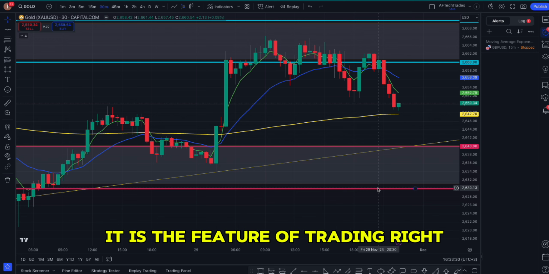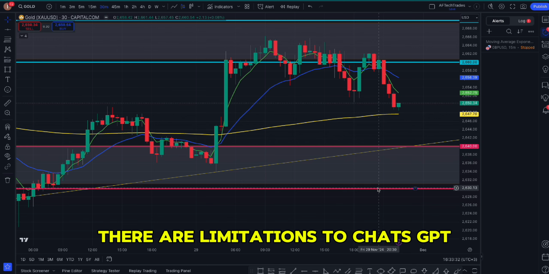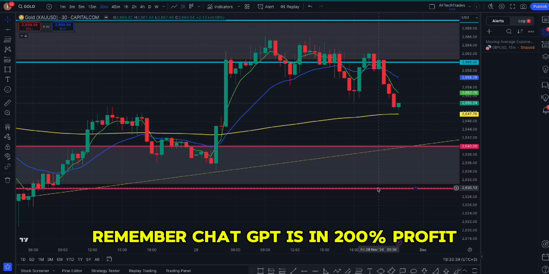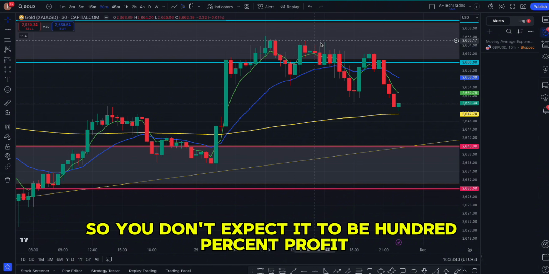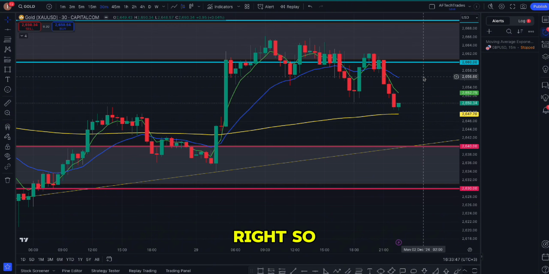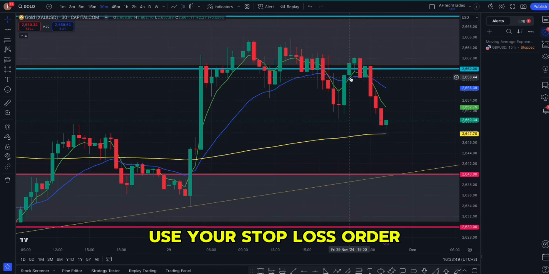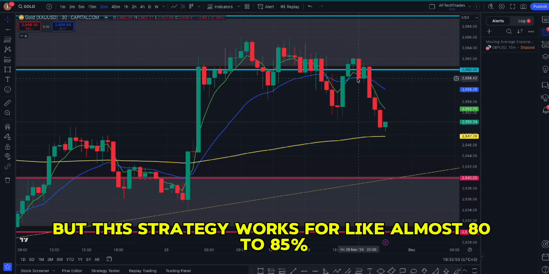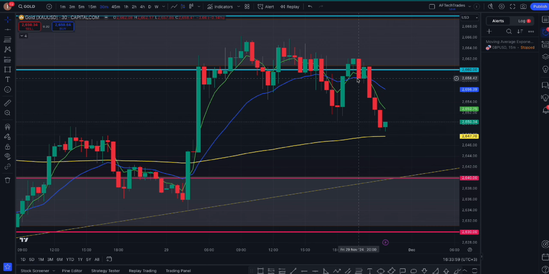Remember, ChatGPT isn't 100% perfect, so you don't expect it to be. That is why you need to always use your stop loss order, just in case, to minimize any loss. But this strategy works almost 80 to 85%, even 90% sometimes.